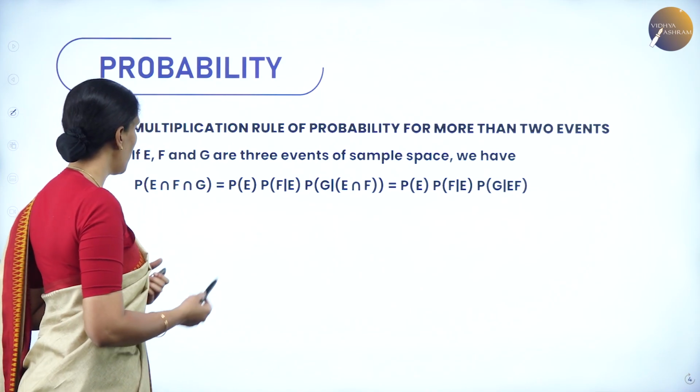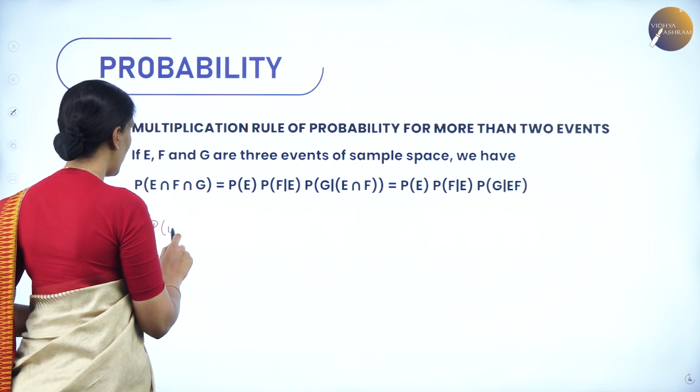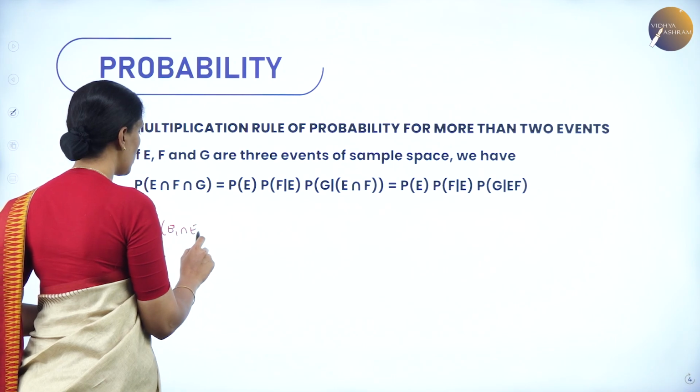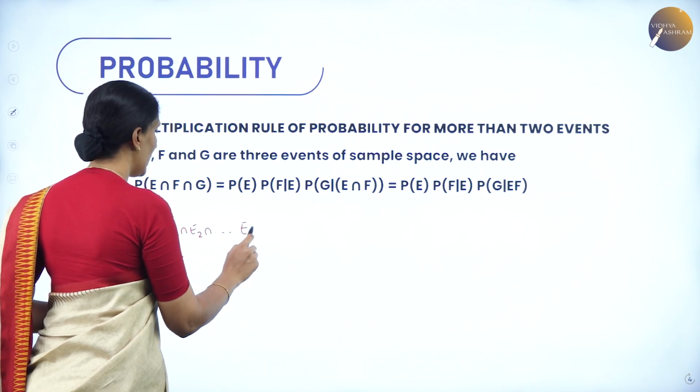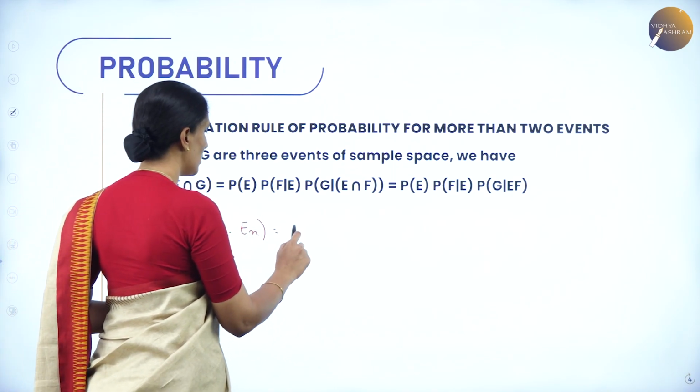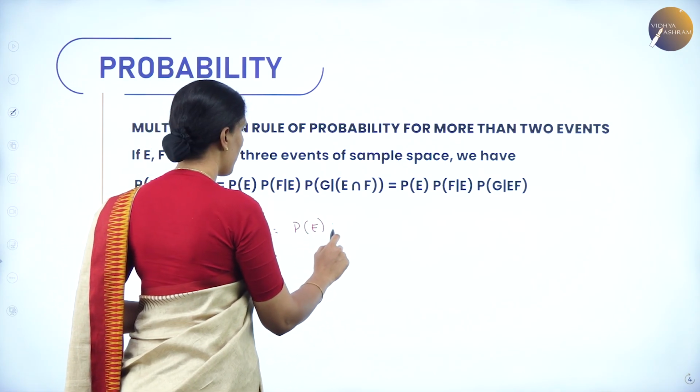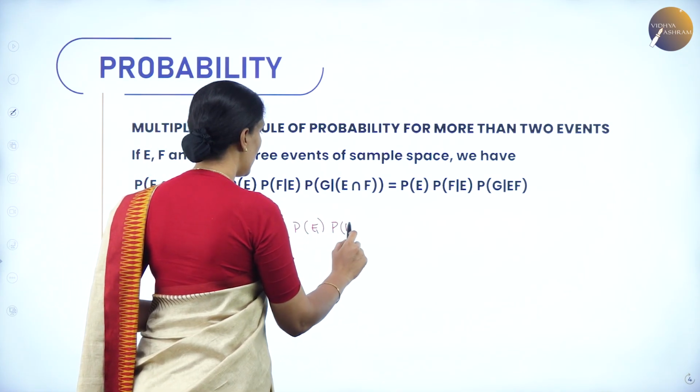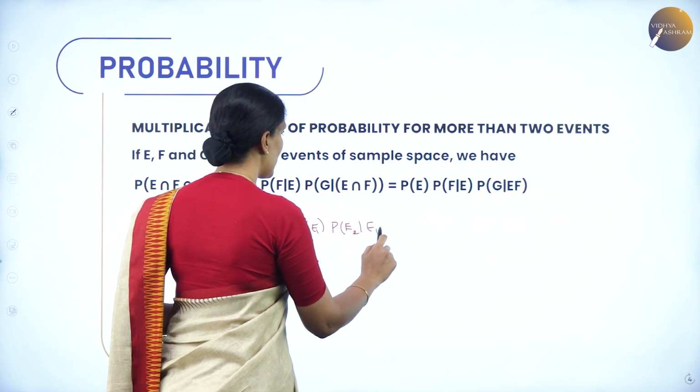So the same thing we can extend to probability of E1 intersection E2 intersection until En, such that this is probability of E1, probability of E2 given E1 has happened.